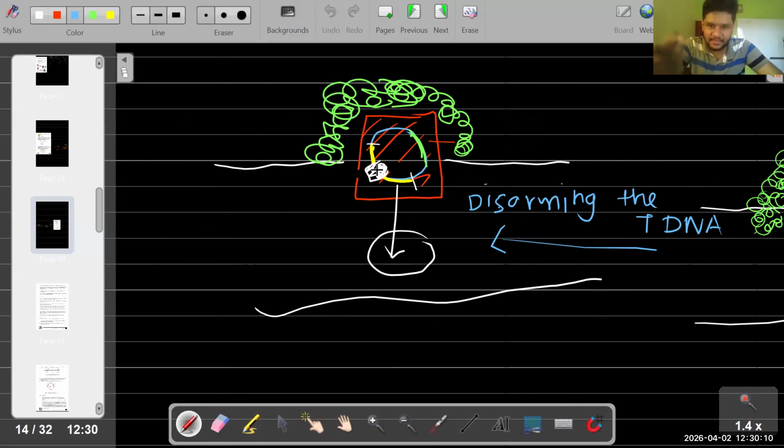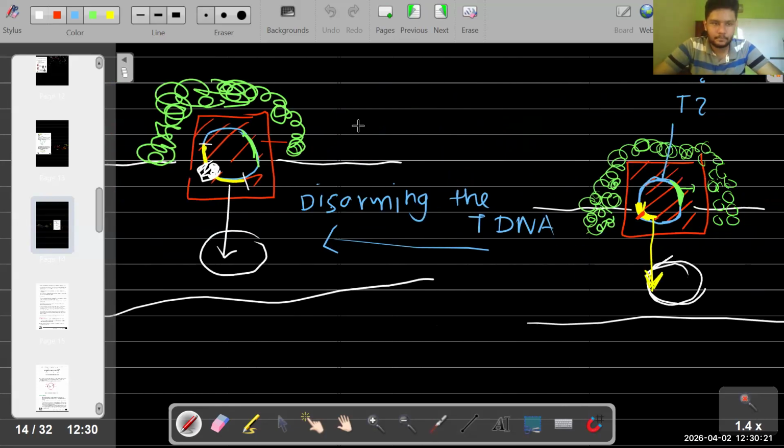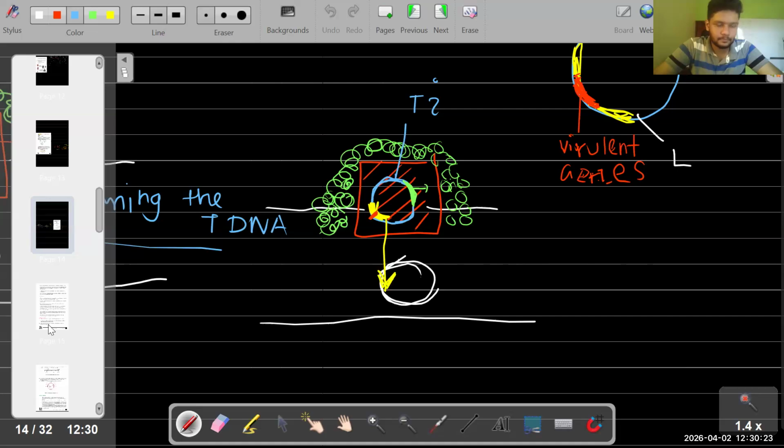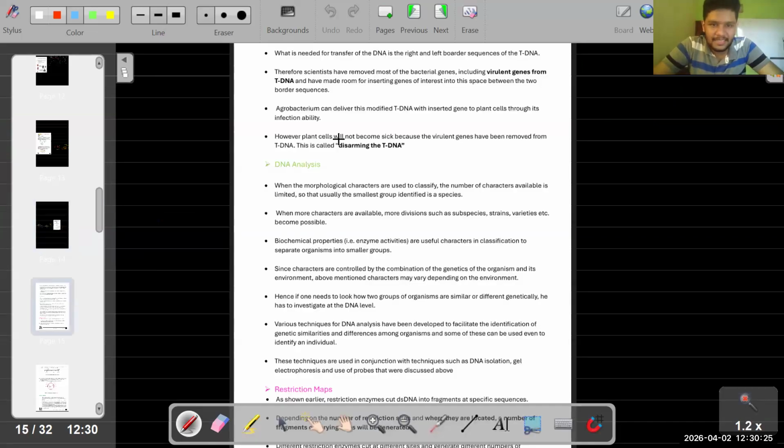Agrobacterium transfers this white colored DNA of interest by its infection ability. But the plant is not getting affected. Why? Virulent gene is removed. Exactly. Very good. However, plant cells will not become sick because the virulent genes have been removed from the transfer DNA. This is called disarming the transfer DNA.